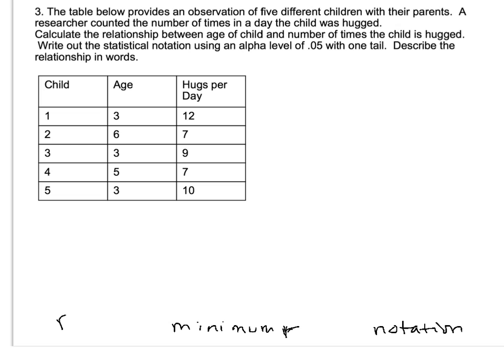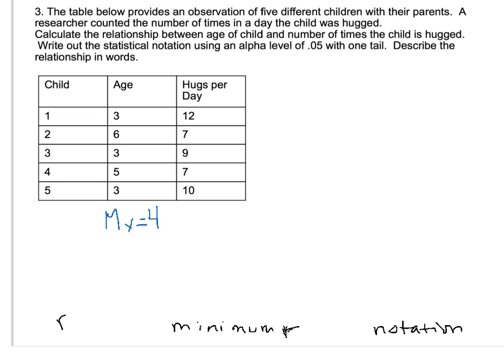So the first thing we're going to do here is find our SP, SSX, and SSY to be able to plug it into my R equation. So as I go down this column, I should be able to add all those and then divide by 5, and that would give me my MX. So my MX should come out to 4.